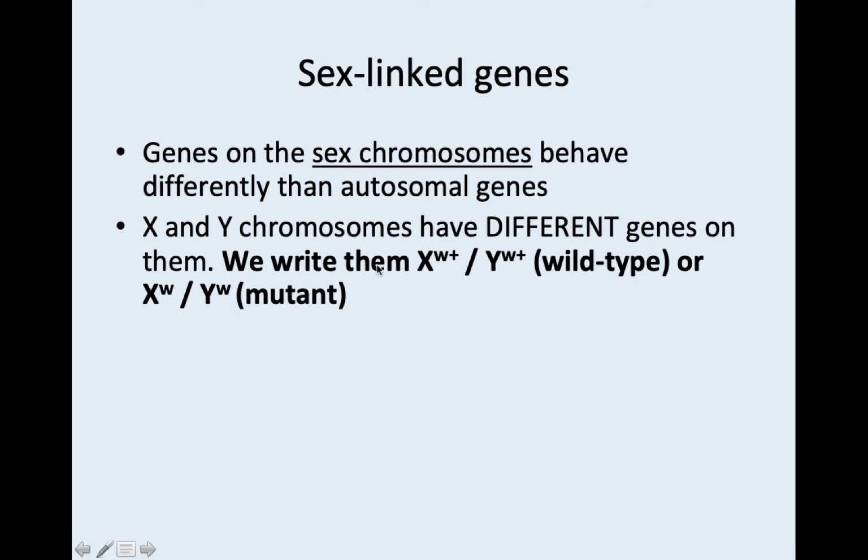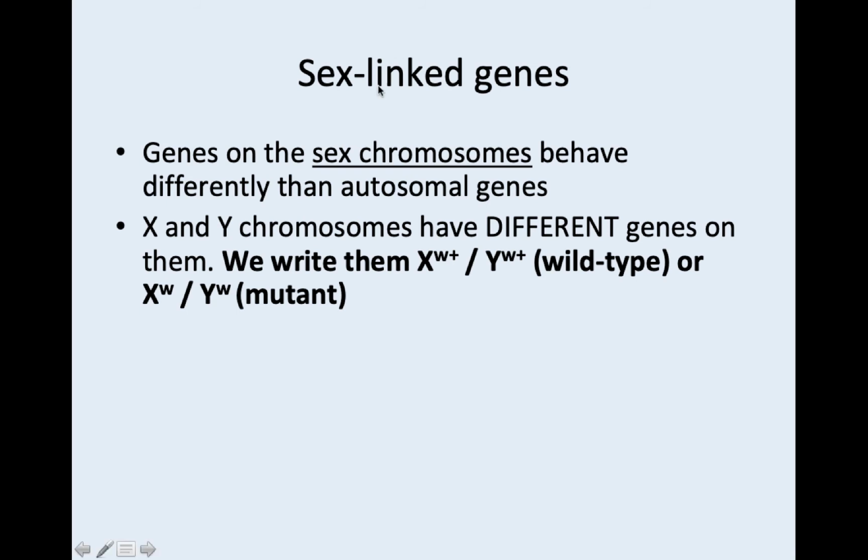I'm going to add just another layer of complexity here with writing our alleles. So remember, we're going to stick to the same thing where we've got a little W and we've got a plus or no plus, depending on whether it's wild type or not. So the plus means wild type, and the letter is going to be the first letter of the first mutant that was discovered. So in this case, we're following eye colour, and the wild type is red, but the first mutation that was discovered was white.